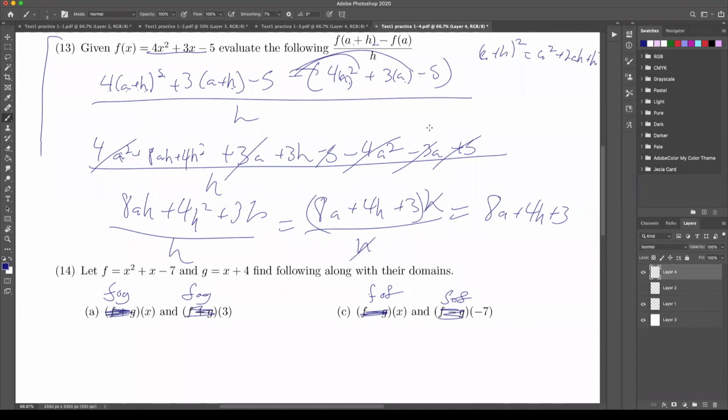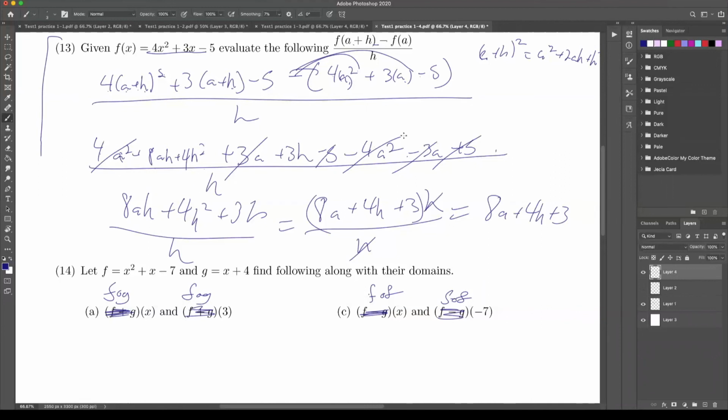So here, if you FOIL it, you get this. And so when you plug that in, you'll get 4a squared plus 8ah plus 4h squared. This, if I multiply this, I get 3a plus 3h minus the 5. Here, I pull in the negative, and so instead of 4a squared, it'll be minus 4a squared. It'll be minus 3a, and then instead of minus 5, it'll be plus 5.